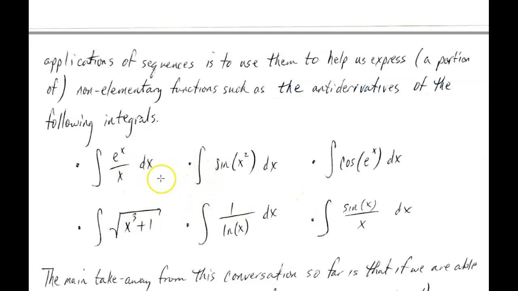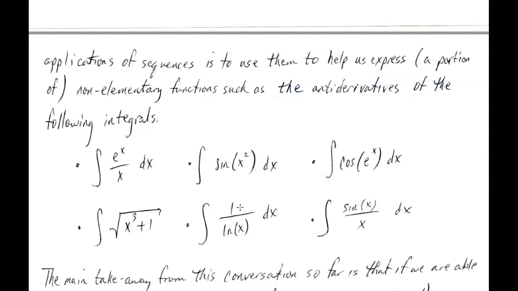All of these functions, if we tried to find the antiderivative of them by using the techniques taught in a first year, second year calculus course, you would not be able to find what the most general antiderivative would be. Now, if we were to put some limits of integration on each of these, we could actually find what that value is, but we would have to use numerical method techniques to do it.